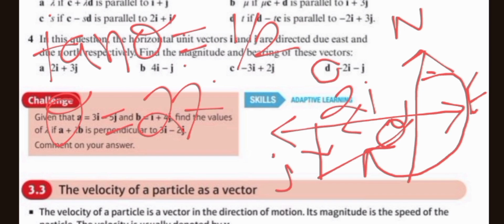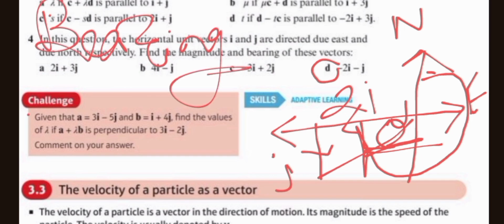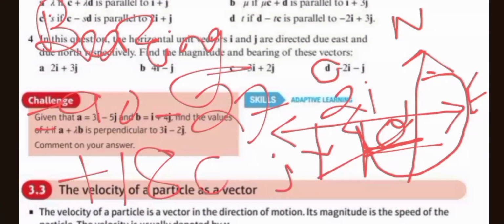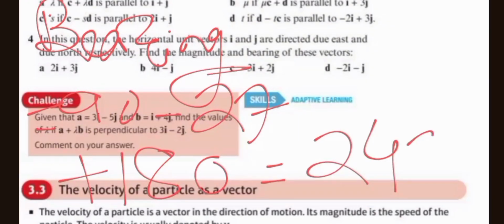Now if this is theta, and we know this whole is 90, so bearing is 90 minus 27 plus 180, which is 243 degrees.